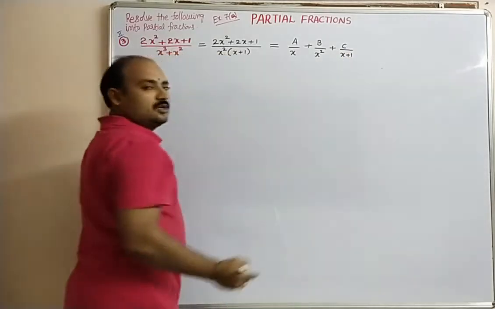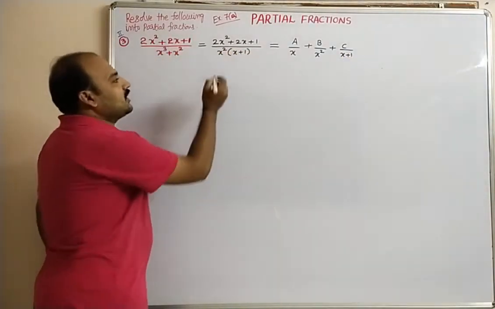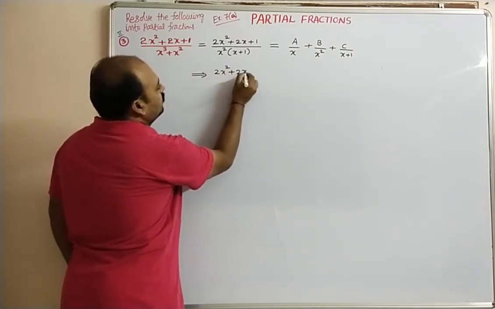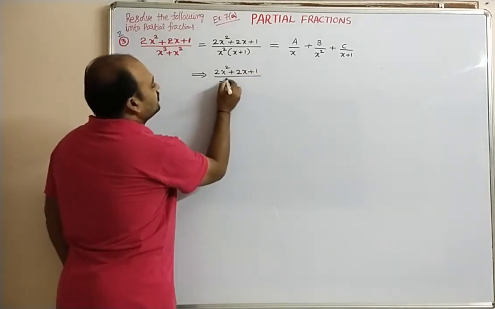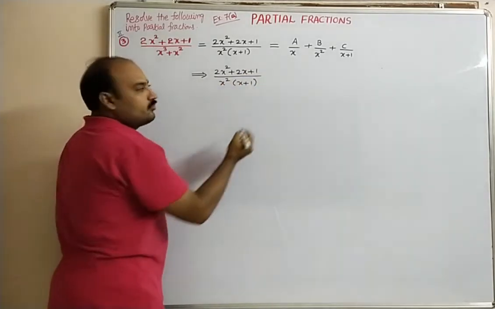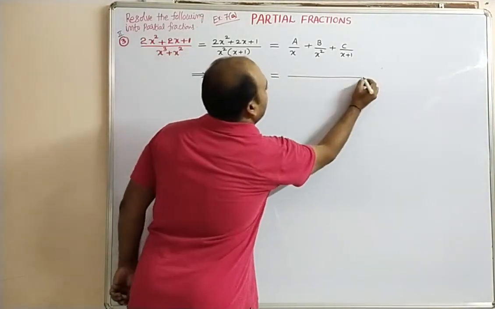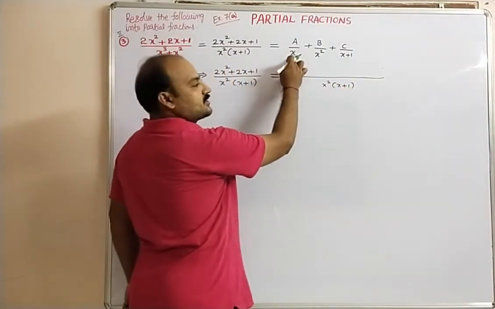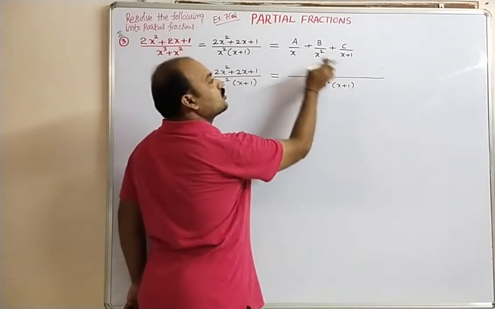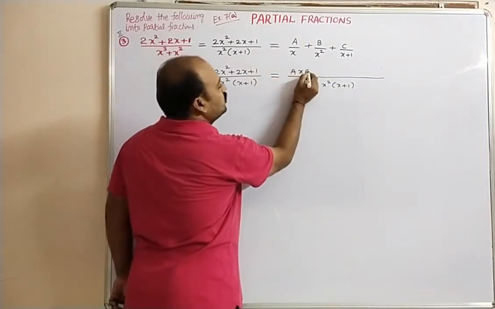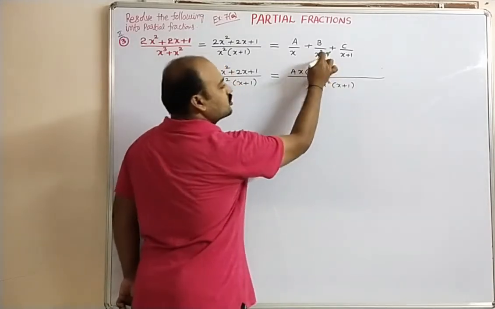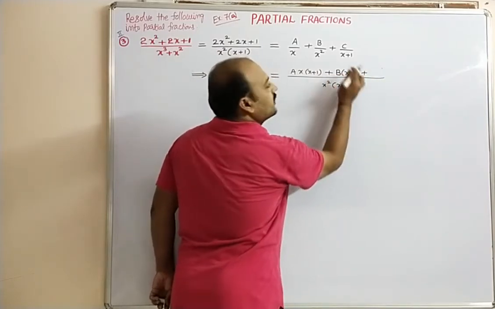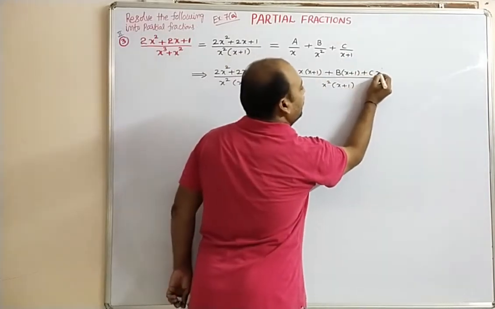After that, the general procedure to get the values of A, B, C. By taking LCM here, (2x square plus 2x plus 1) divided by x square into (x plus 1) is equal to, with LCM on this side also, x square into (x plus 1). Here x square will be cancelled, the remaining is x into (x plus 1) into A. So A into (x plus 1) x, plus, x square gets cancelled, B into (x plus 1), plus, (x plus 1) will be cancelled, C into x square.